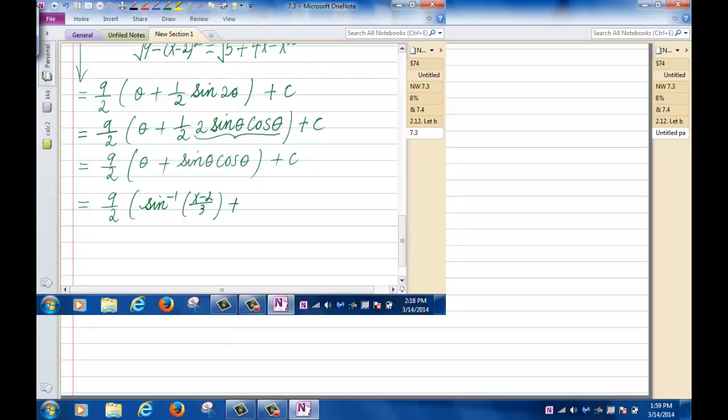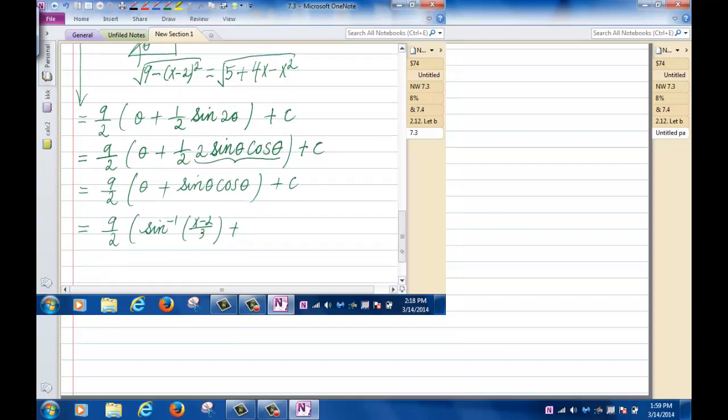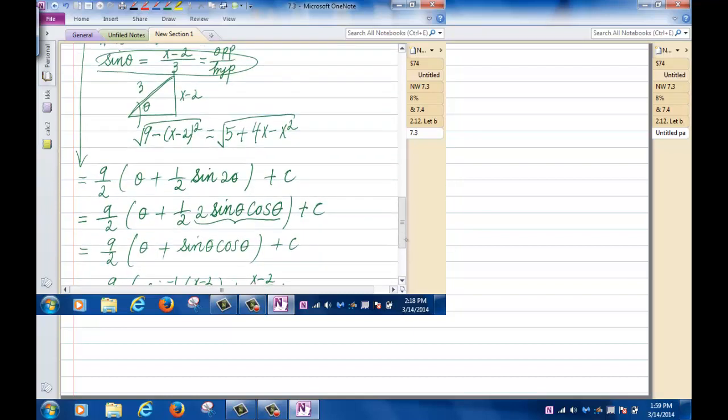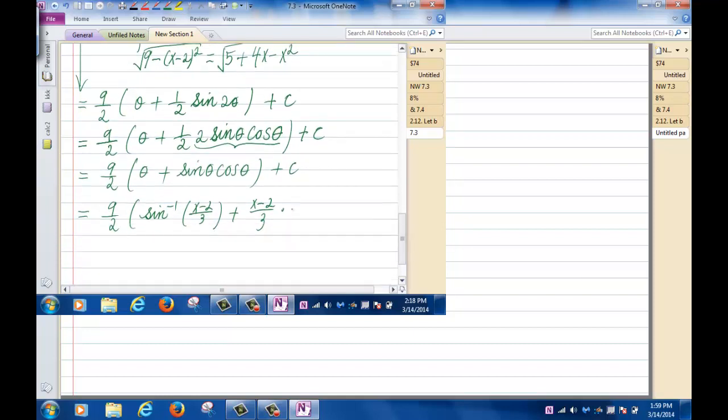And then sine theta from our triangle will be opposite over the hypotenuse, so x minus 2 over 3. Well, that's what we picked. And what is cosine? Cosine would be the adjacent over the hypotenuse. So the adjacent was the square root of 5 plus 4x minus x squared.